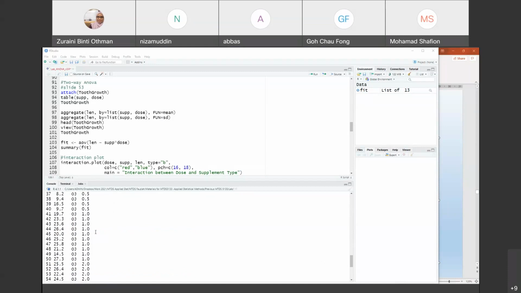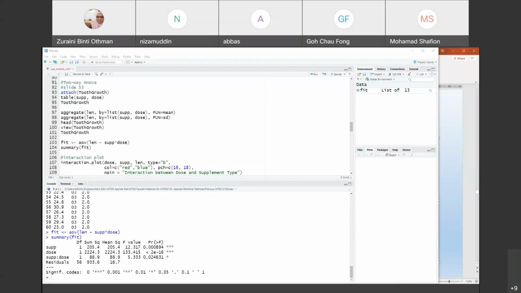Meaning that we reject H null, and we can say that different levels give a different length of ToothGrowth.